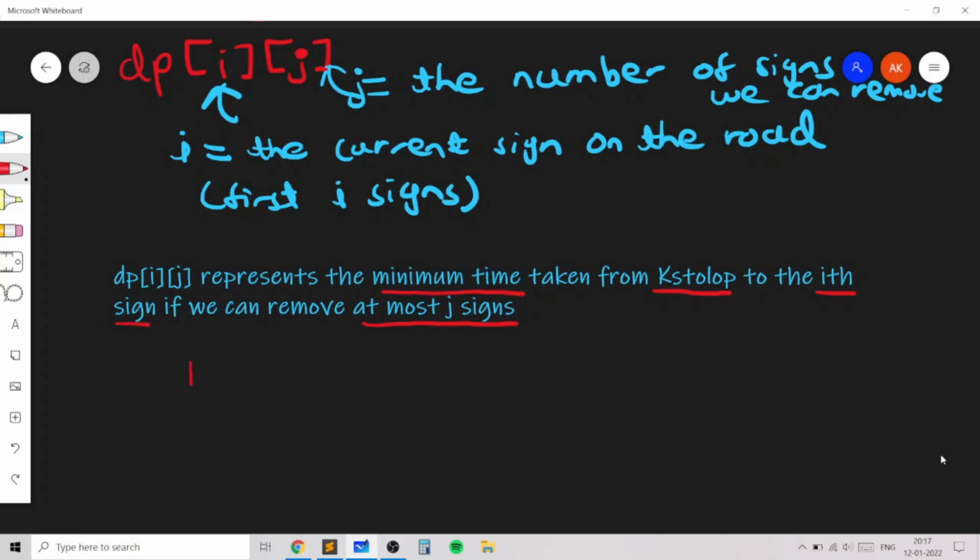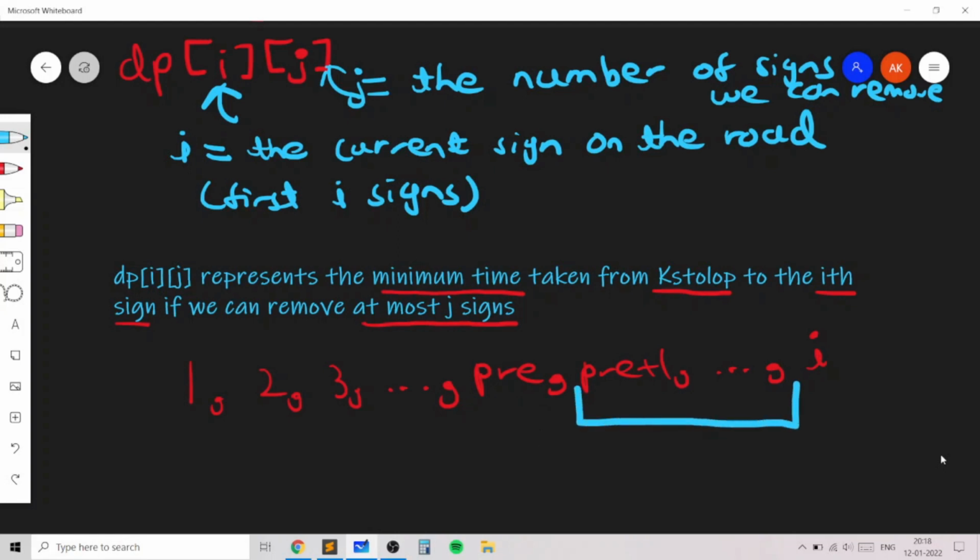Let's say you're considering the signs 1, 2, 3 all the way up till i, and there is a previous sign pre which comes before i, then pre plus 1 and so on up till i. pre represents an index where you last stopped, and you will erase all the indices from pre plus 1 all the way up till i minus 1.